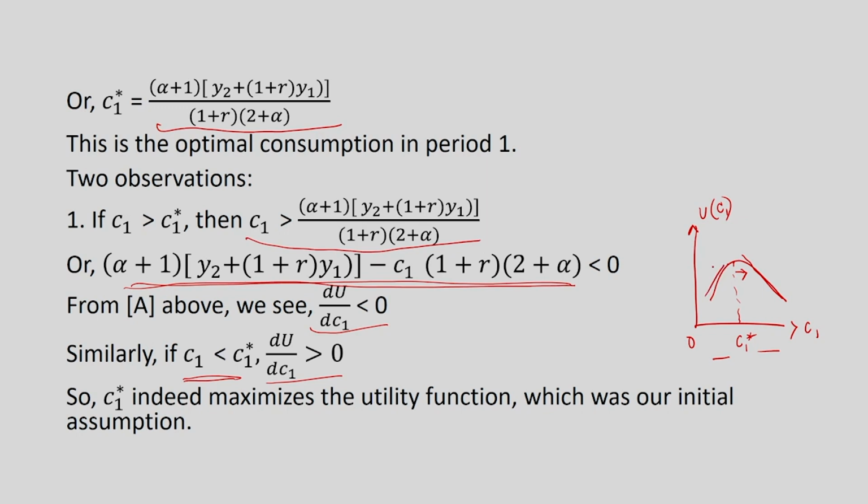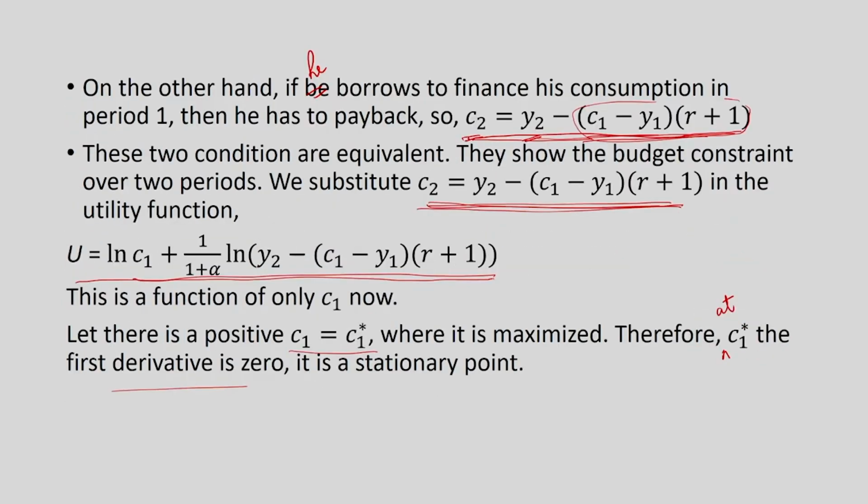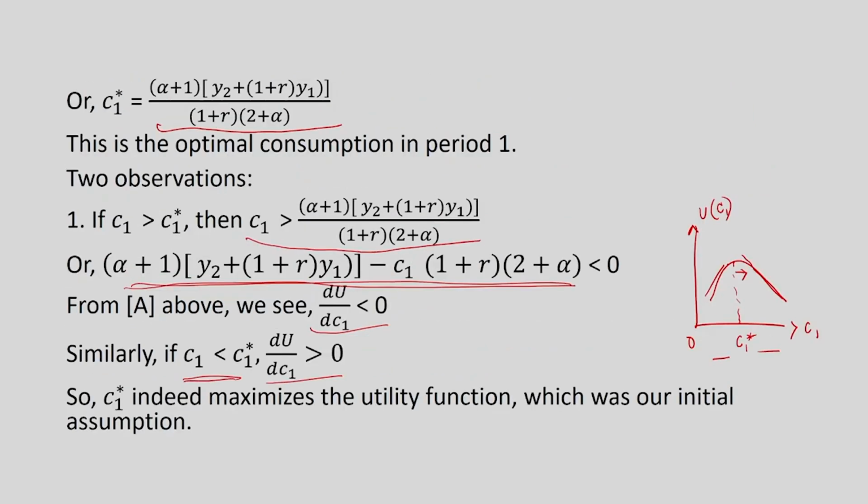So, actually C1 star is indeed maximizing the utility function. This we had assumed earlier. Remember, we had assumed that there is a positive C1 equal to C1 star where the utility is maximized. Now, actually we have found that indeed the assumption is valid, that we have found a C1 equal to C1 star, which is positive, where the maximum point is there.